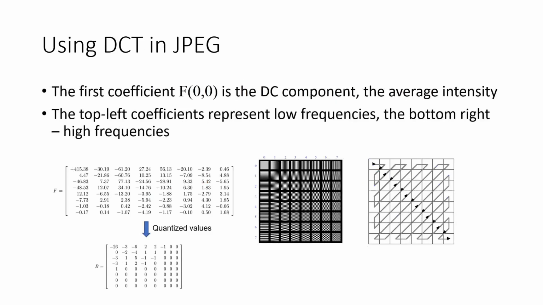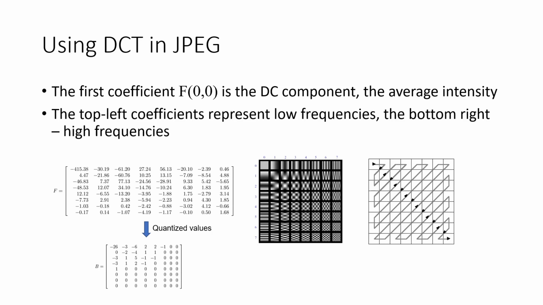The answer is it is used in JPEG. JPEG is an image compression method, and it is still widely used when you download a JPEG file from the internet, or when you use your cell phone or digital camera to take a picture. Usually, it is saved as a JPEG file.